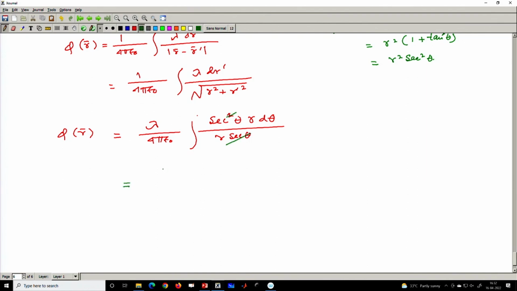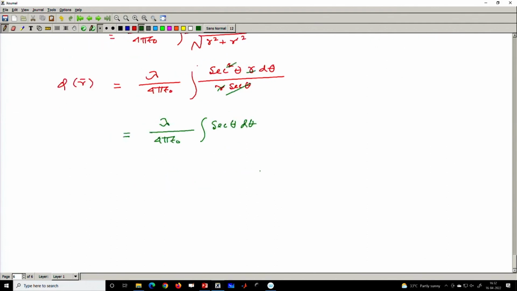Eventually we get lambda divided by 4 pi epsilon 0, then the integration of sec theta d theta, and we know from the standard integral this value.